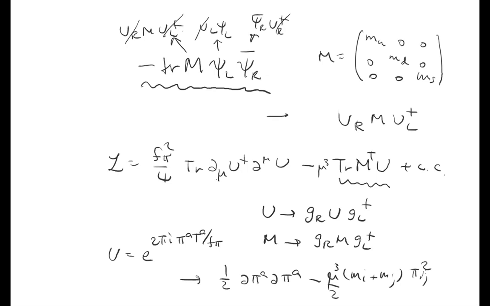So we know exactly what is the correct way of putting the effect of quark mass into the Lagrangian because of the symmetry properties. And once you do, you find the prediction that the mass squared of these Nambu-Goldstone bosons will be proportional to the sum of the quark masses.